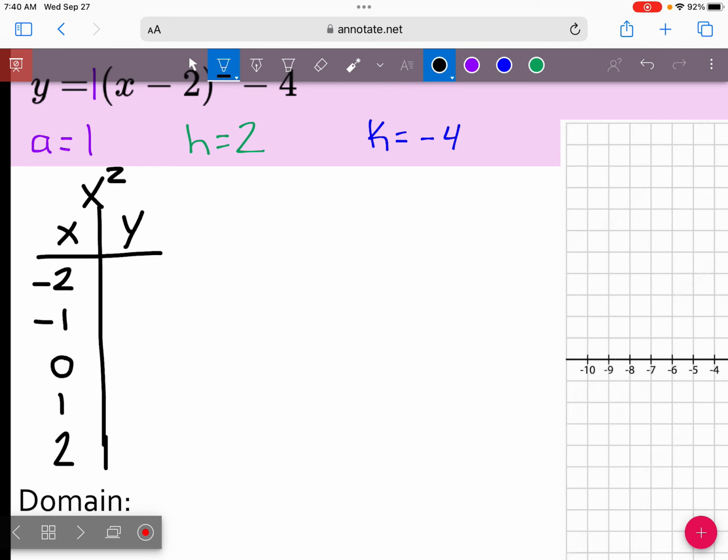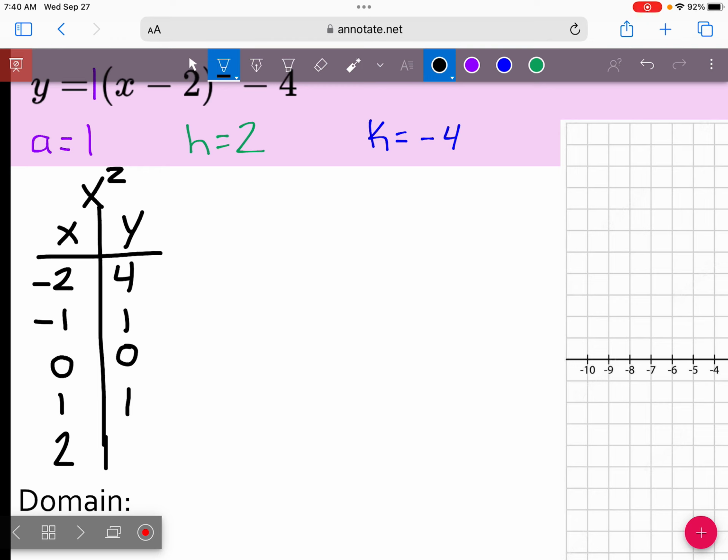And we're going to say, all right, my y values are whatever -2 is squared. What is -2 squared? 4. What is -1 squared? 1. 0 squared? 0 times 0 is just 0. 1 squared is 1.